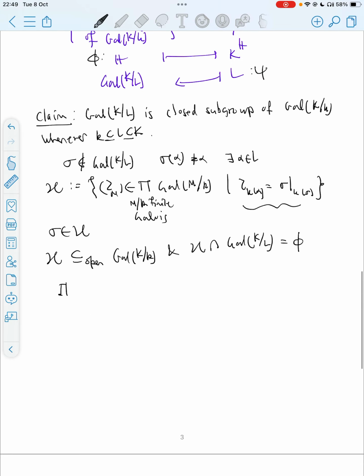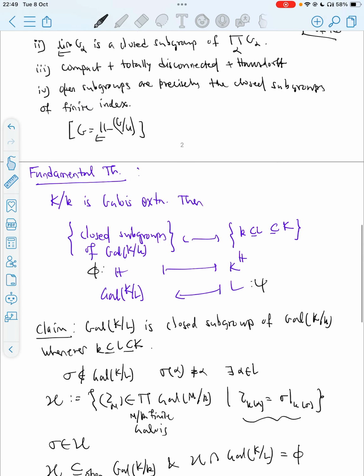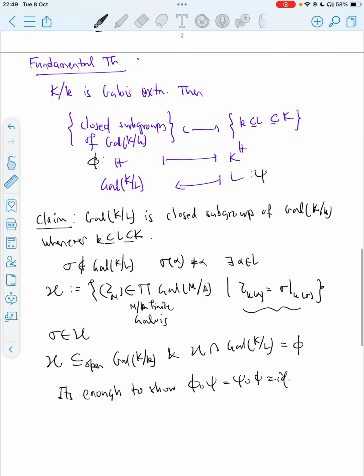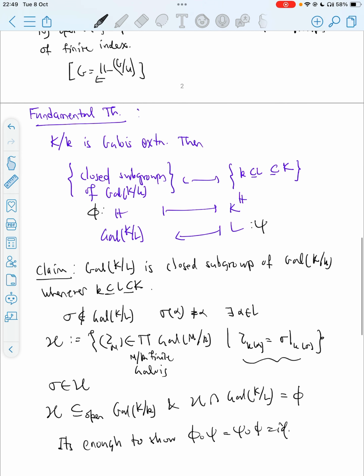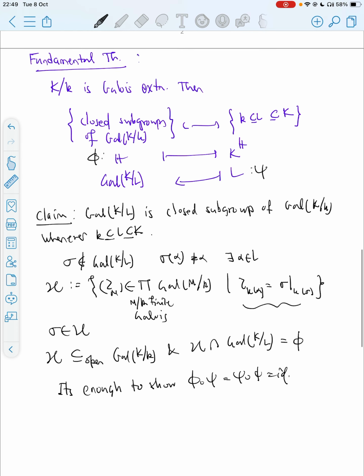So it's enough to show that phi psi is the identity in the respective domain. I'm being a bit loose here. One of the compositions being the identity will follow exactly the same as for finite Galois theory. We'll see that next time, and we'll also see why the other composition is the identity as well. The proof is kind of similar.